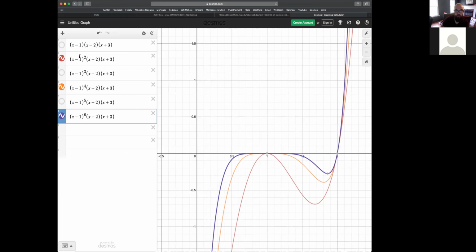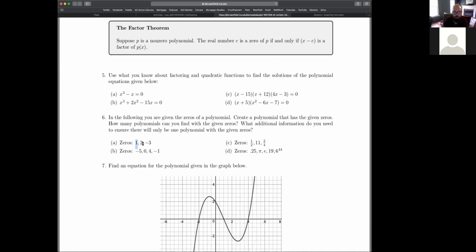I would have to know maybe what the leading coefficient is, because that could change, and then I might need to know the multiplicities of my polynomial, and I might need to know maybe the degree of my polynomial. So I do need more information than just the zeros. So that's not enough to give me precisely one polynomial. Okay.